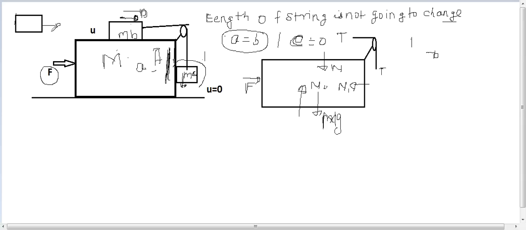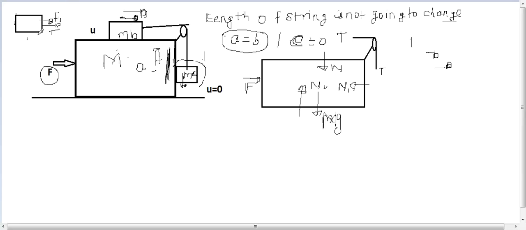This is T. And if this F is very high, then it has very high acceleration along this, and to support this acceleration I need a high force on this block. So here the friction force on this must be in this direction.